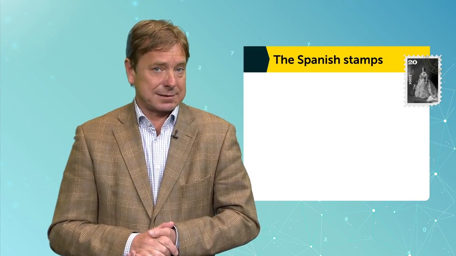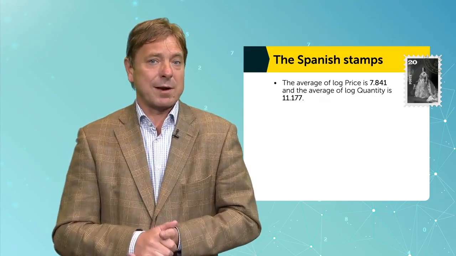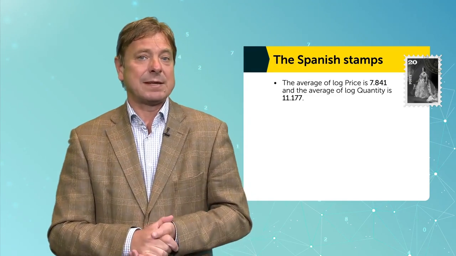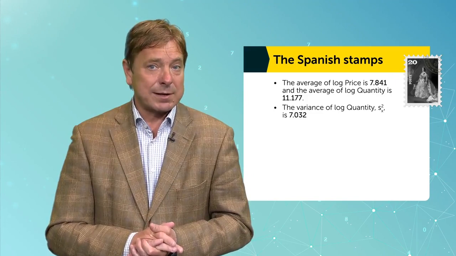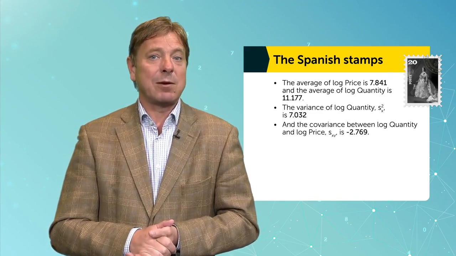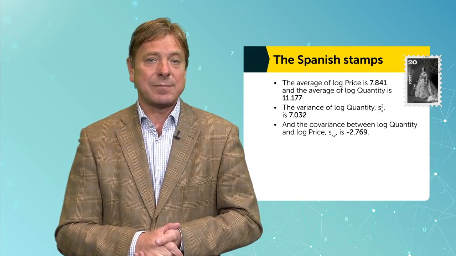Let us now see how this all works out for the data on the Spanish stamps. The average of log price is 7.841 and the average of log quantity is 11.177. The variance of log quantity is 7.032 and the covariance between log quantity and log price is minus 2.769.